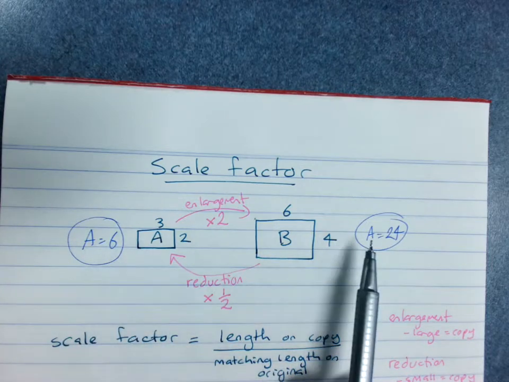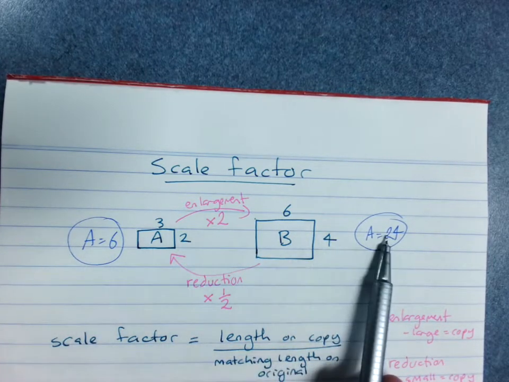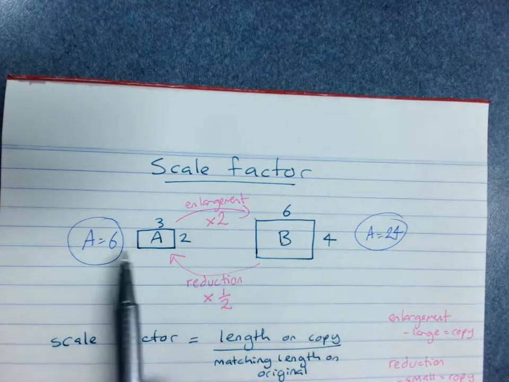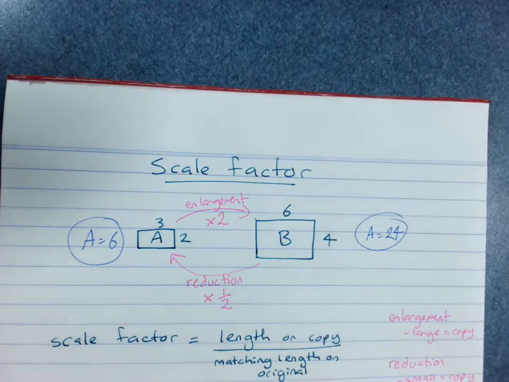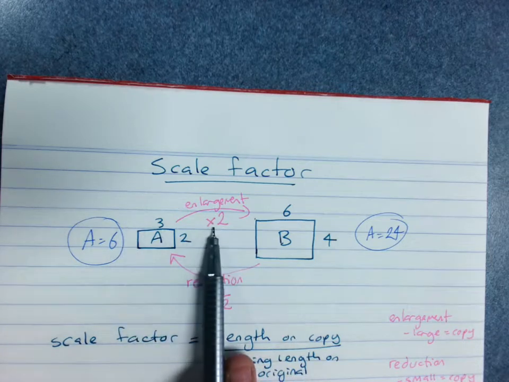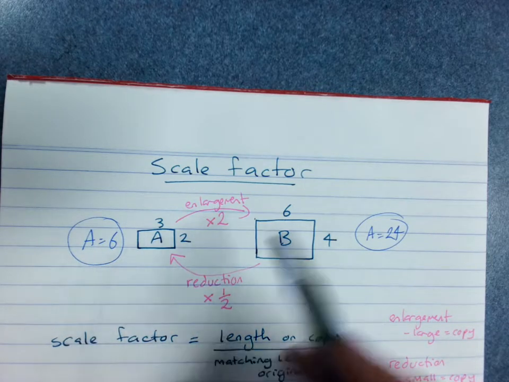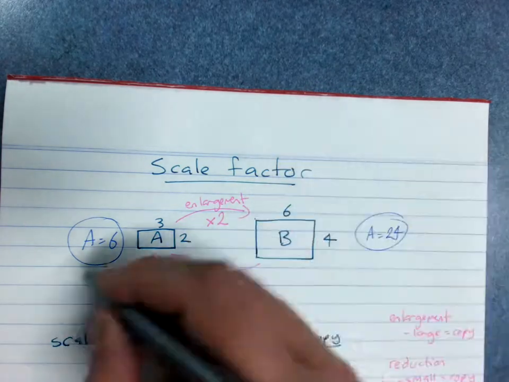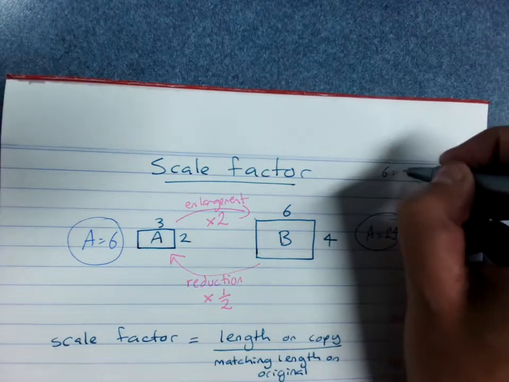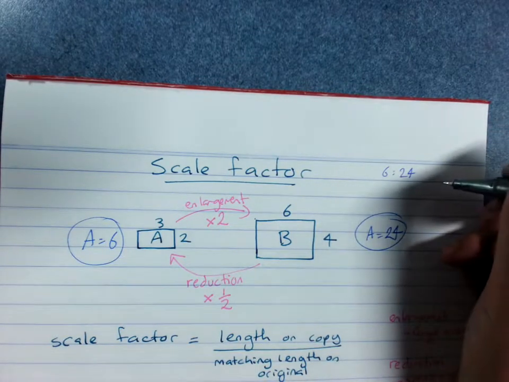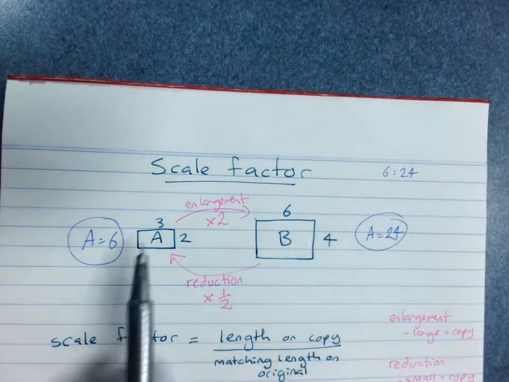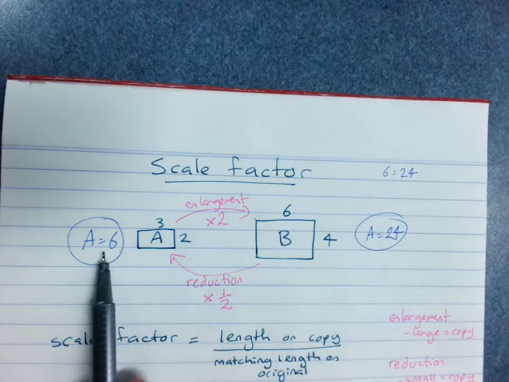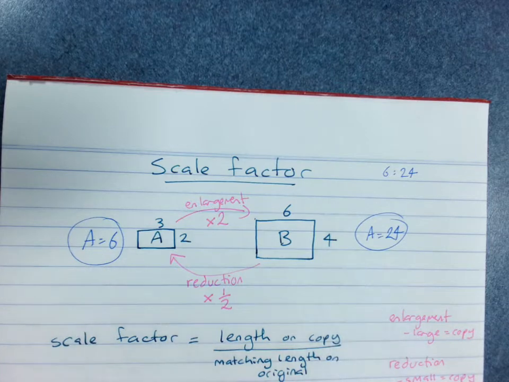You can see that that's definitely not doubled. So the ratio of lengths is 2. The ratio of areas is 6 to 24, which is 4. If I simplify that down, the area is 4 times the area in the large one.